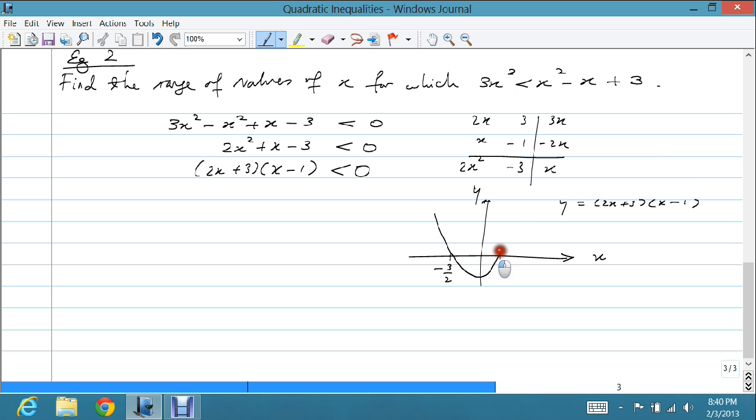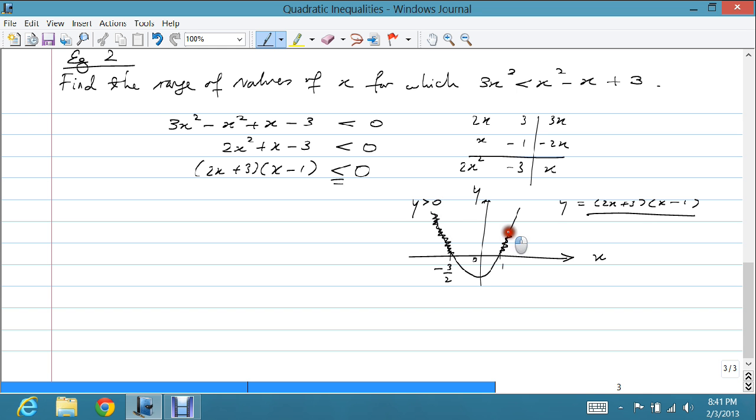So it's going to look something like this. Again, in this inequality, I want to find the values of x which satisfy y less than 0. In the graph here, we see that y is bigger than 0 when x is less than negative 3 over 2.